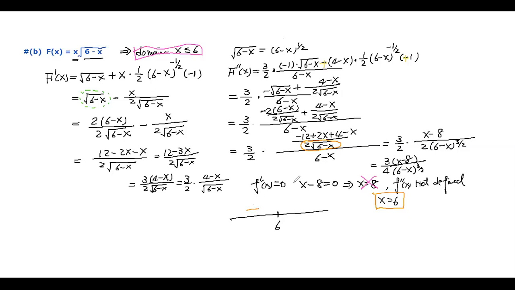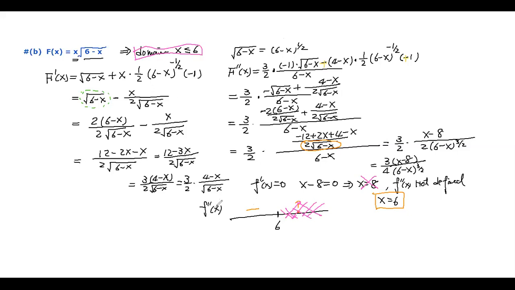This is negative. Do I need to consider here? No. Why? Because the domain is still the same. So I know these functions, right? So this is my f double prime x, right?